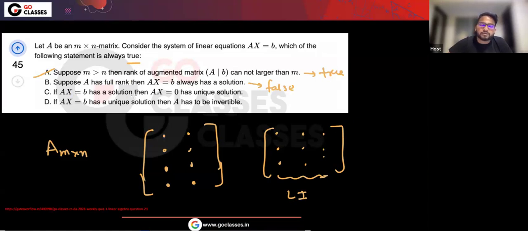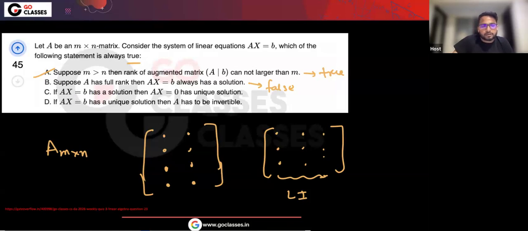If AX equal to B has a solution, then AX equal to 0 has a unique solution. See, they are not talking about unique or any number of solutions here.